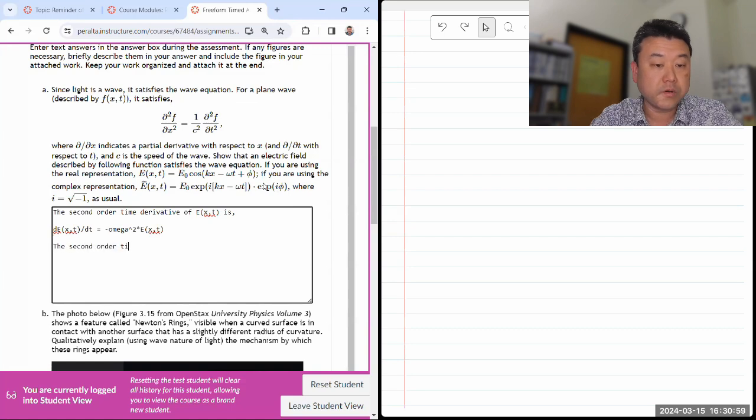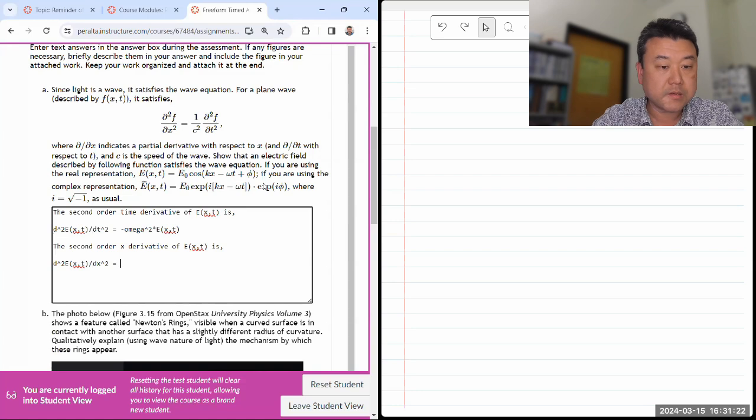The second order x derivative of E(x,t) is, and this time I'm bringing down a factor of ik with each derivative. So i squared again gives me minus, and I get k squared, and the rest doesn't change, so it's minus k squared times E(x,t).